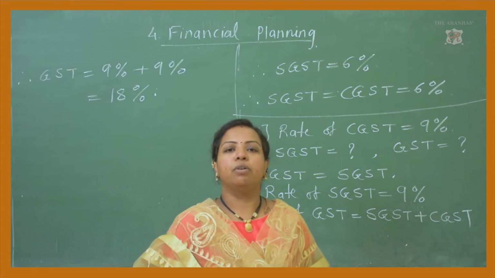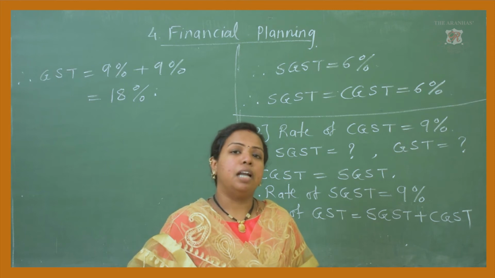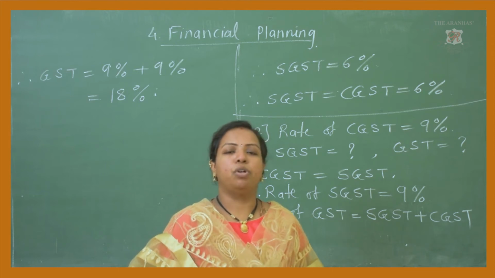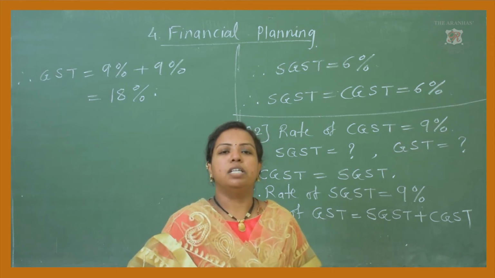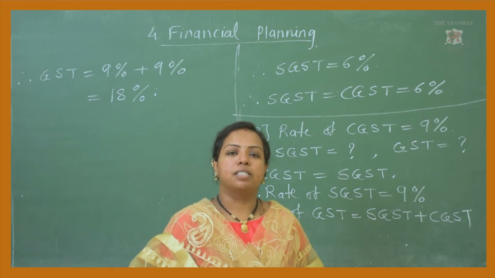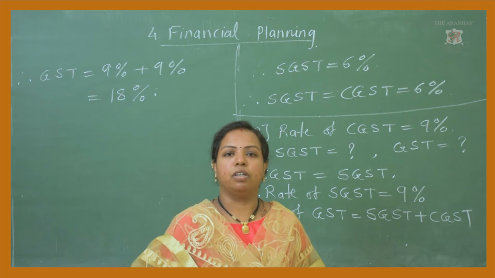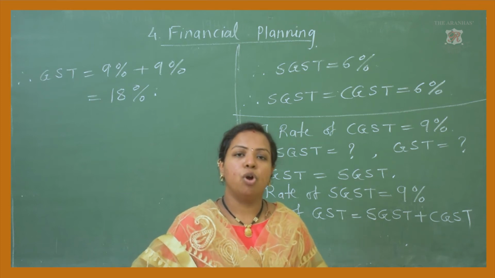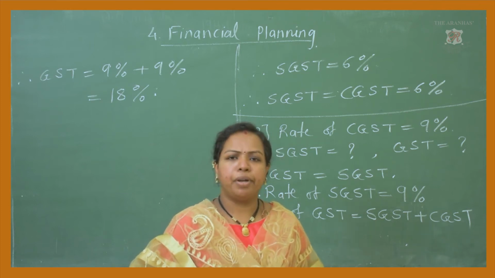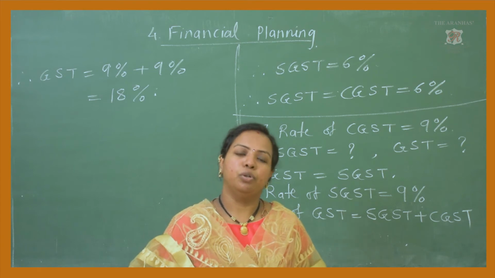Whenever we calculate the GST amount, always calculate it on taxable value, not on the total amount. It is always calculated on taxable value or selling price, printed price of that good.